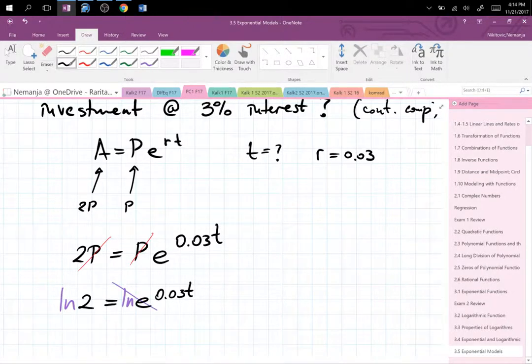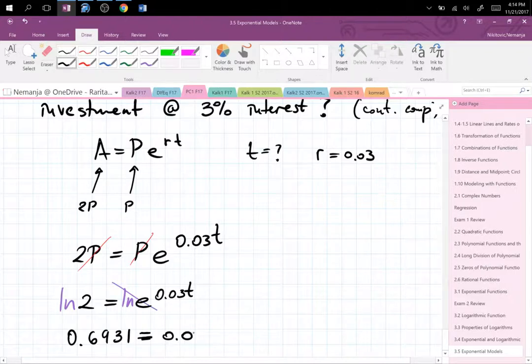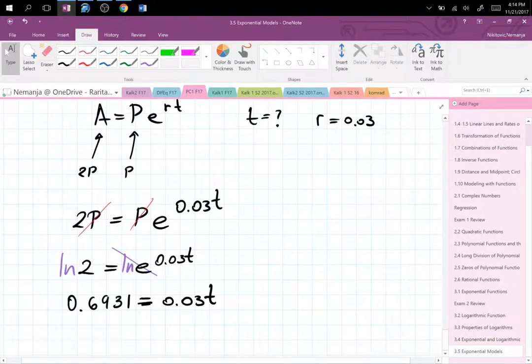On the right hand side we have ln of 2, 0.6931, there are the 4 decimals we talked about, is equal to 0.03T. Divide both sides by 0.03, and we get T equals 23.1 years, so 23 years and something like that.